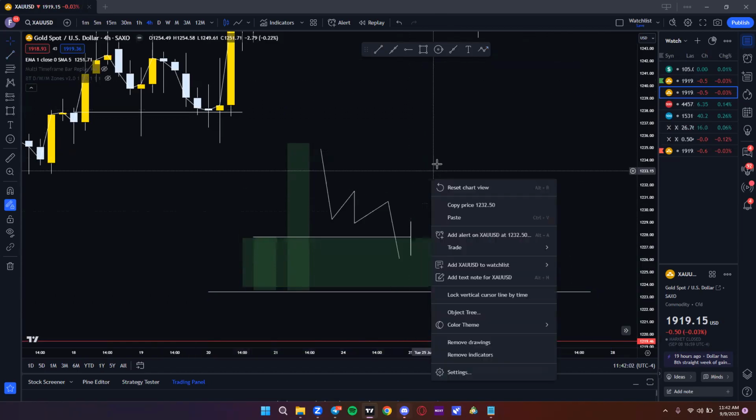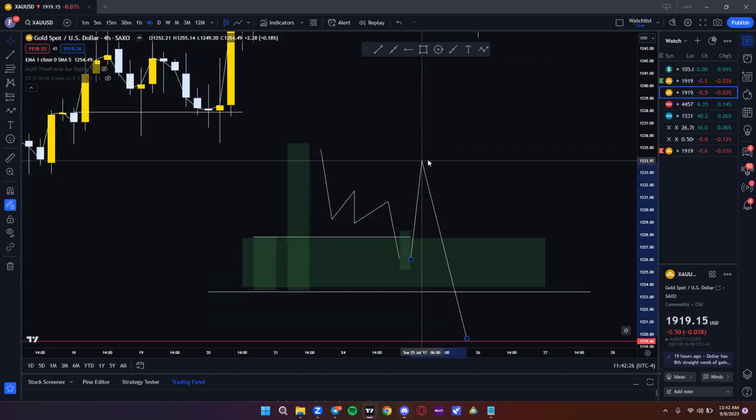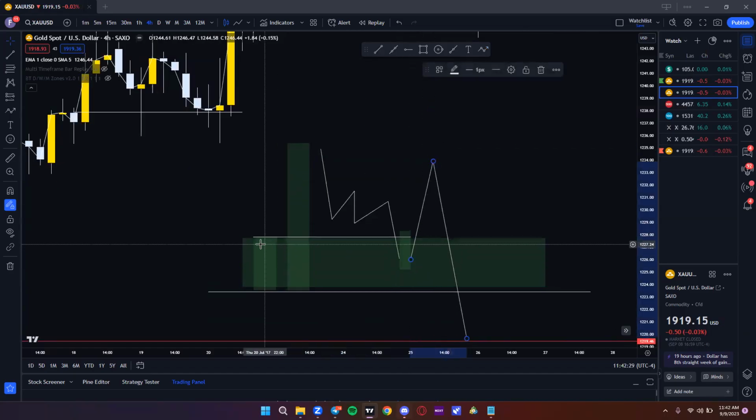Our entry goes. Then sometimes what happens is price actually closes below this level, and then you'll get something like price coming back. You'll get this reaction, and then the price will go down, right? So then you see you have a breakout of this decision level. Let me just change the colors so you guys have more clarity.